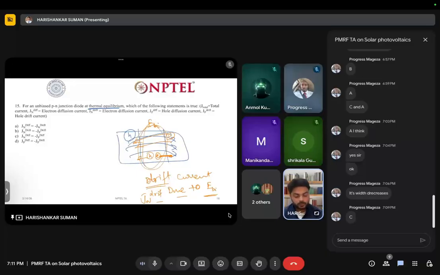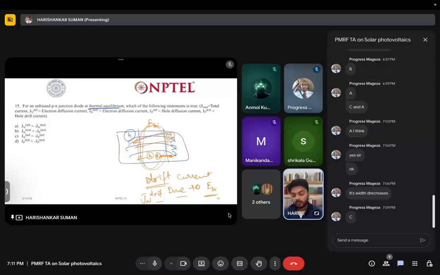Check your option now. Drift and diffusion current are balanced to each other at the equilibrium point.